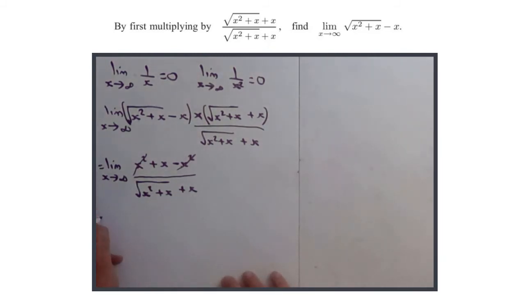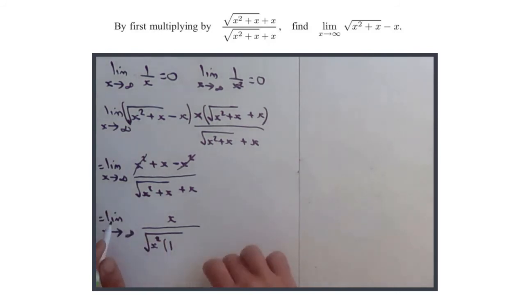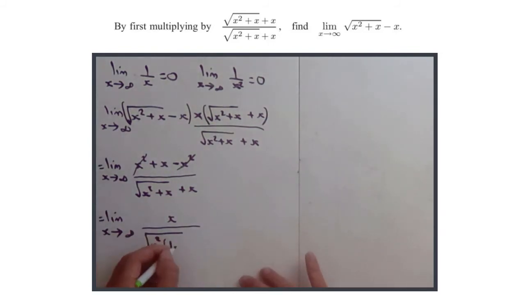So the limit as x approaches infinity of x, that's just the top, over, in this square root sign, I'm going to pull x squared out as a factor. x squared times 1 gets you x squared, and to get x, you divide x by x squared, which gives 1 over x. So 1 plus 1 over x in the square root sign, and we've still got the plus x.